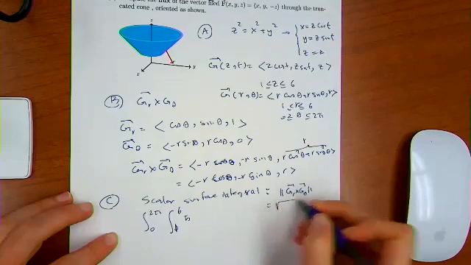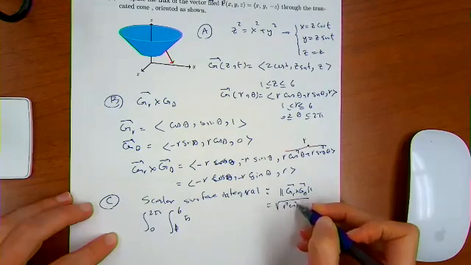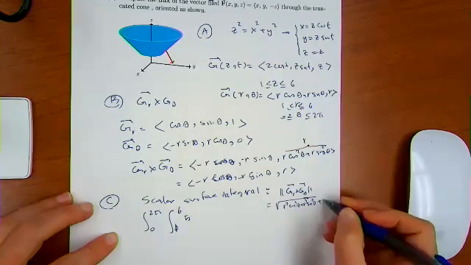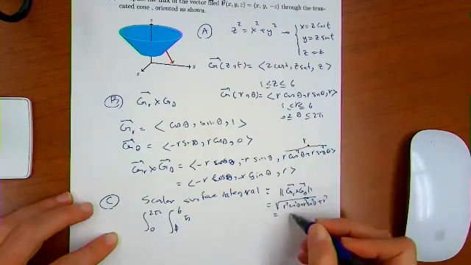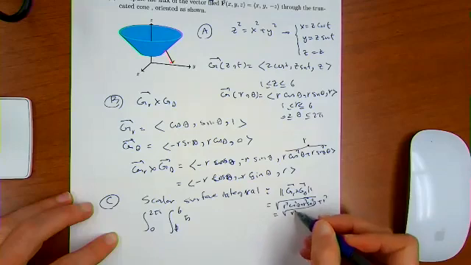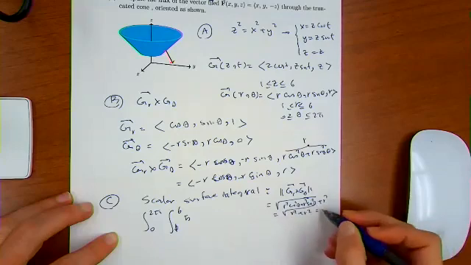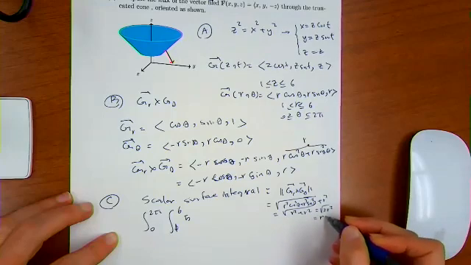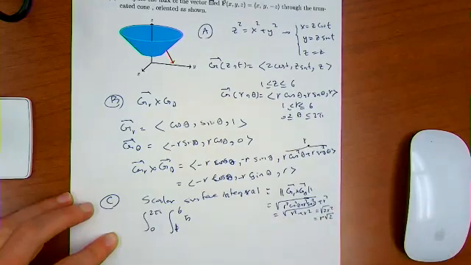which is going to end up to be the square root of r squared cosine squared theta plus r squared sine squared theta plus r squared. The first two are going to be just r squared plus r squared. So square root of 2r squared. R can come out because r is positive. It doesn't need absolute value.